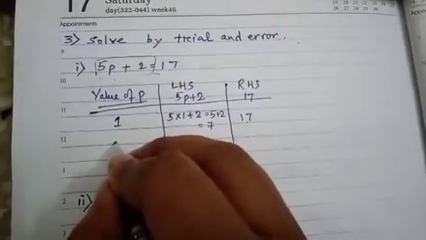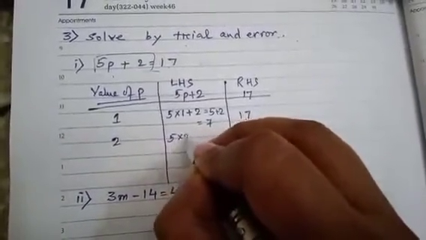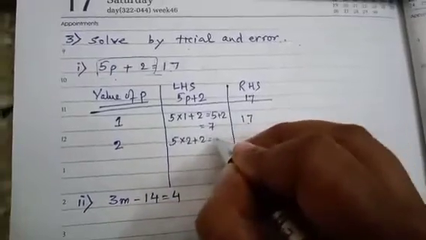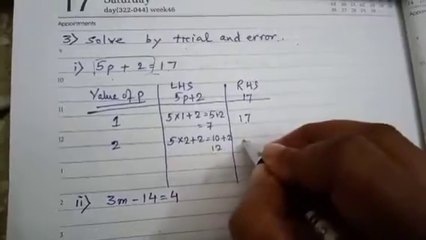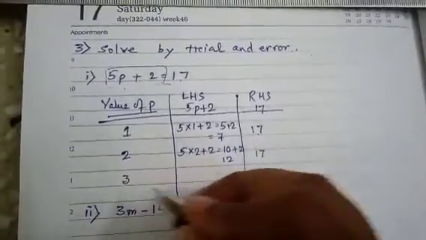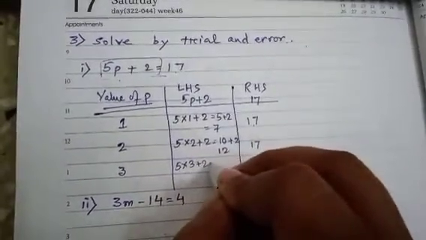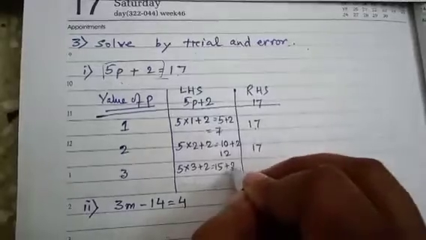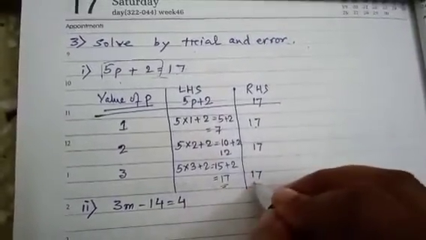Next I will take it as 2. So 5P is 5 into 2 plus 2. So that is 10 plus 2, so this is 12. Right hand side is 17. It doesn't match. If I take it as 3, 5 into 3 plus 2, that is 15 plus 2, that is equal to 17. So you see, both match.